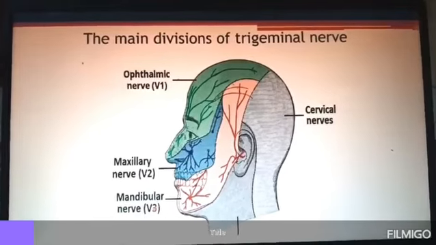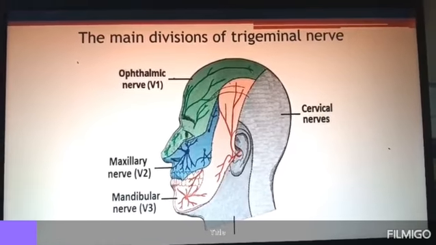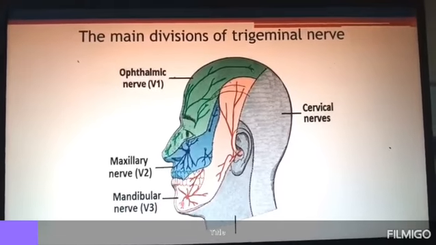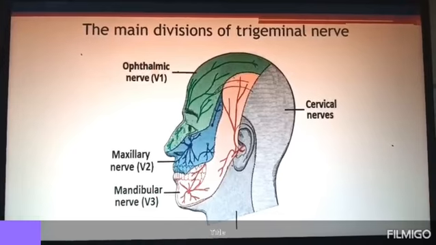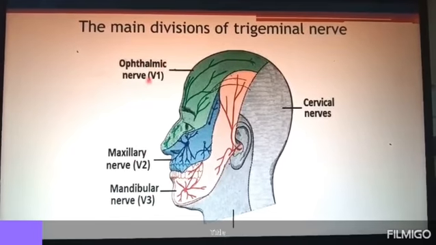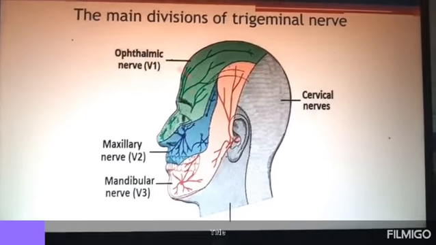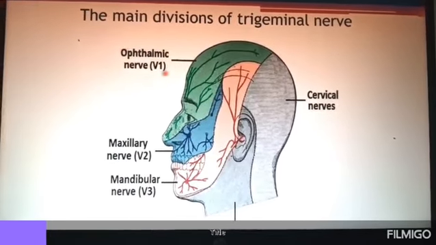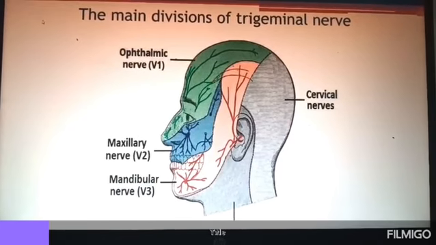I told you in the previous section that the mandibular contains motor components and sensory components, which is the peripheral process of the semilunar ganglion. So these two don't contain any motor components. They are mainly sensory, especially ophthalmic. So today's topic of discussion will be the ophthalmic division.